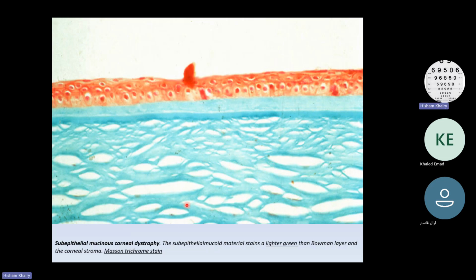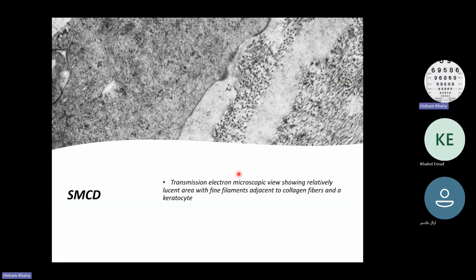On histopathology using Masson trichrome stain, there is a subepithelial mucoid material that stains light green. Here is the epithelium, here is the subepithelial mucoid material, here is the Bowman membrane. Using transmission electron microscopy, we show a relatively lucent area with fine filaments adjacent to collagen fibers.